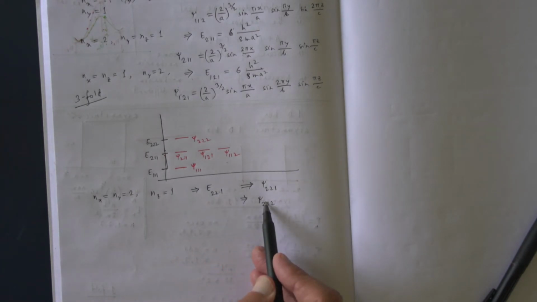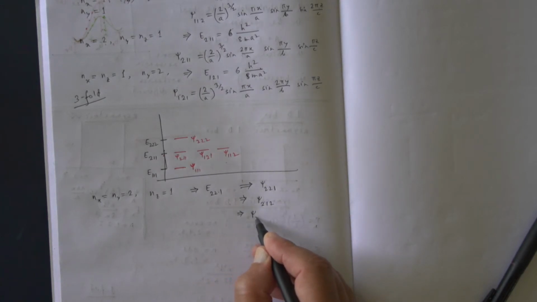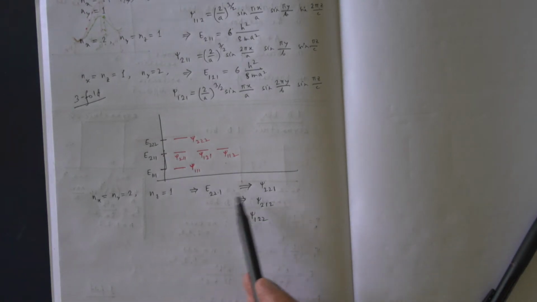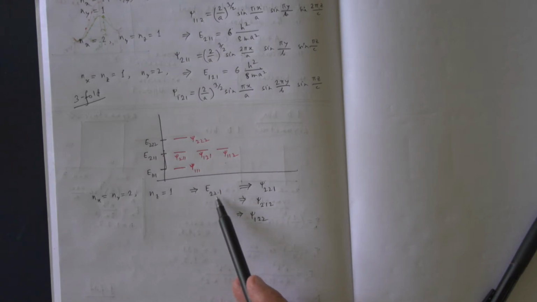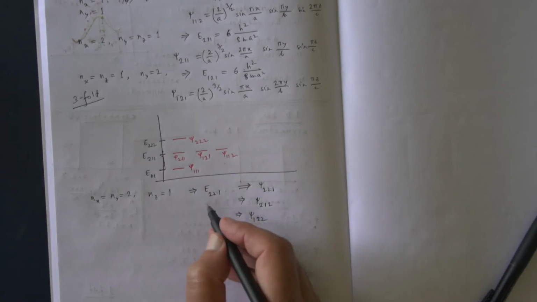We may get another wave function, say 122. So you see, again this energy level will be threefold degenerate.